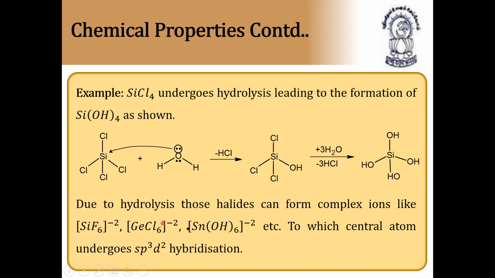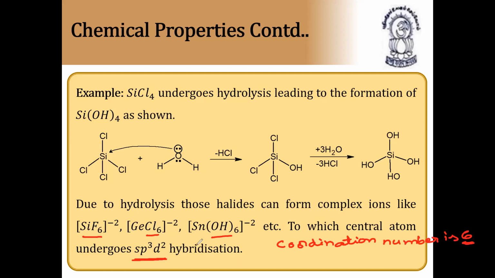Due to hydrolysis, those halides can form complex ions like SiF6 2 minus, GeCl6 2 minus, Sn(OH)6 2 minus, in which the central atom undergoes sp3d2 hybridization. Very, very important: the covalence is 6 here. As the covalence is 6, it will undergo sp3d2 hybridization. The coordination number is also 6, because the central metal atom is surrounded by 6 halogens.